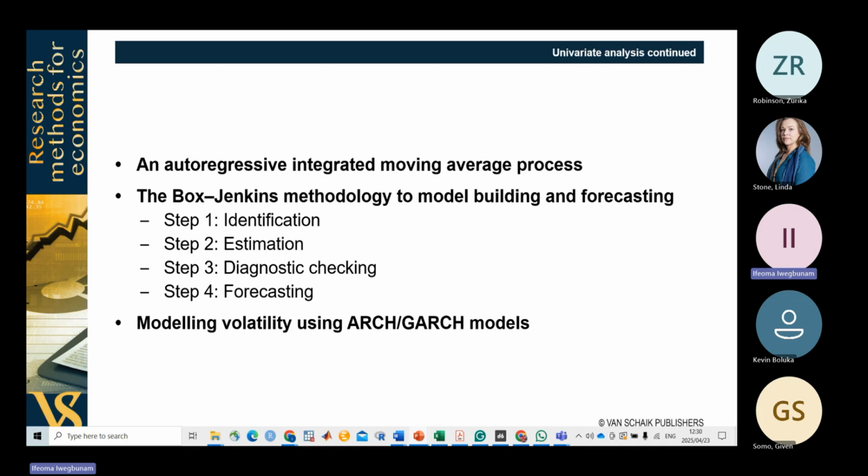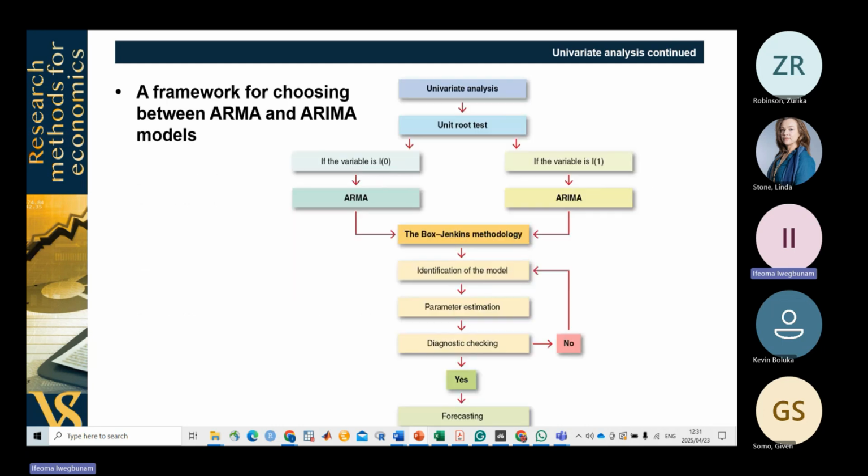One needs to know whether your data fit into these steps. And also the ARCH-GARCH models can be adopted, depending on how the variables are behaving.